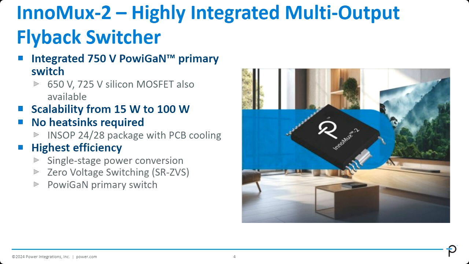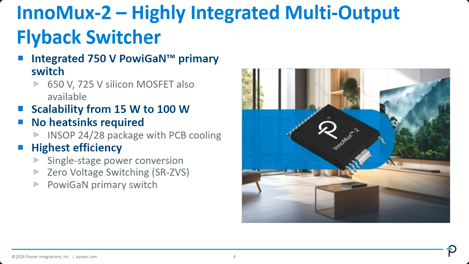We did talk about removing the DC-DC, having just a single stage power conversion, giving you higher efficiency. And yes, we can offer the highest efficiency in the market because of its unique power architecture. Not only that, we can offer even further efficiency improvement with this additional feature, 0 voltage switching on the primary side switch.